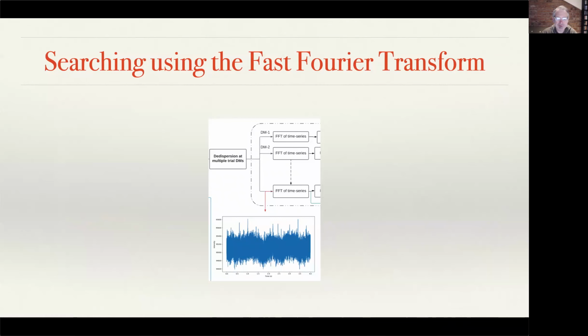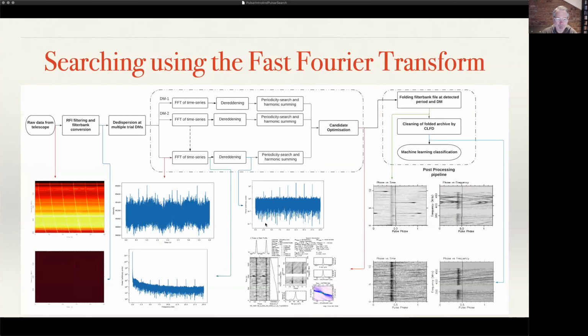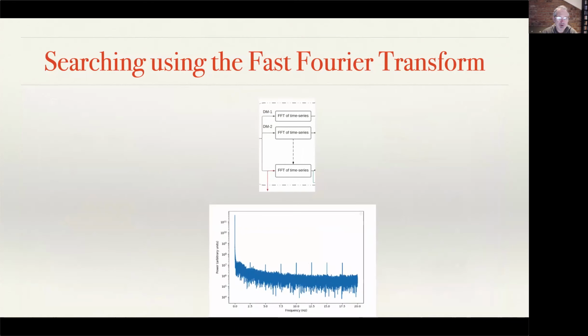And then after the de-dispersion, we take the Fourier transform of the data. So we take the de-dispersed time series that we see here and perform the Fourier transform. When we do that, we turn our time series into a frequency series, okay? Here you can see the frequency, and here you can see the power, so how much strength there is in the signal.